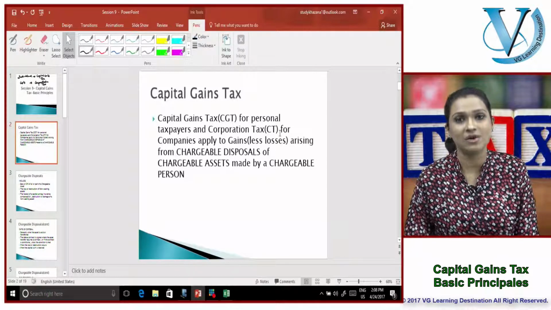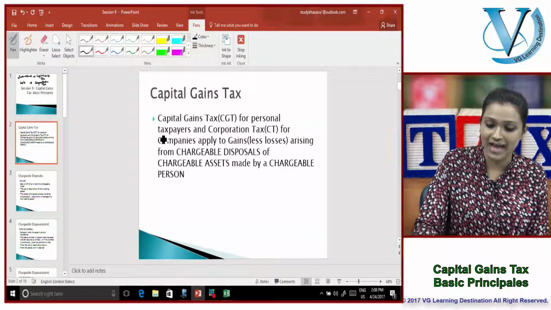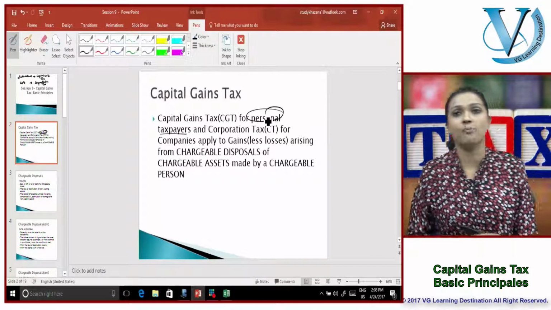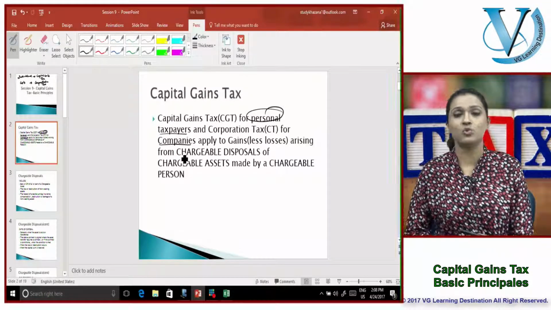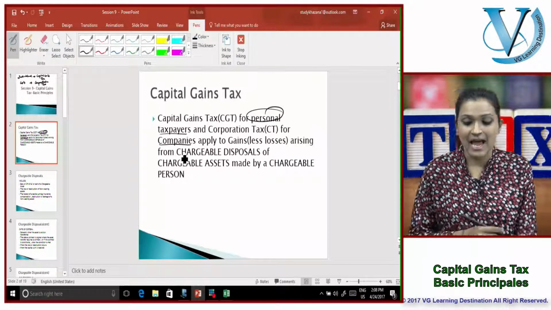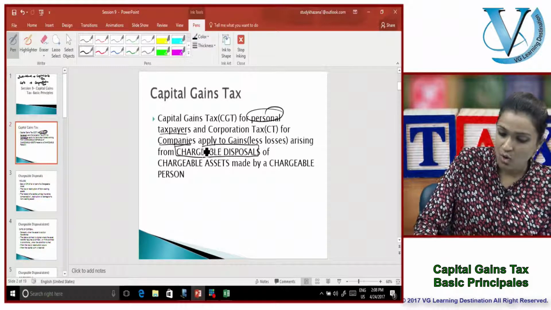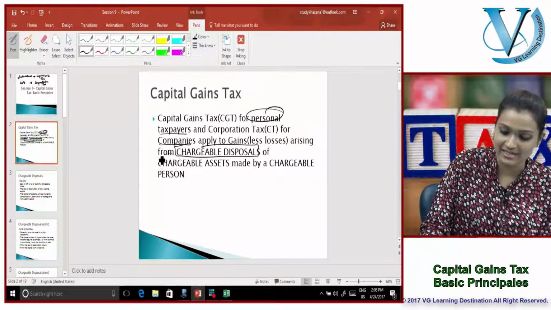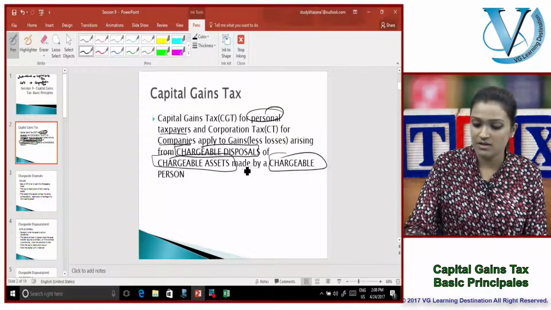Capital gains tax, in short form we call it CGT, is for personal taxpayers, and corporation tax, CT, is for companies, applied to gains less losses arising from chargeable disposal of chargeable assets made by chargeable persons.